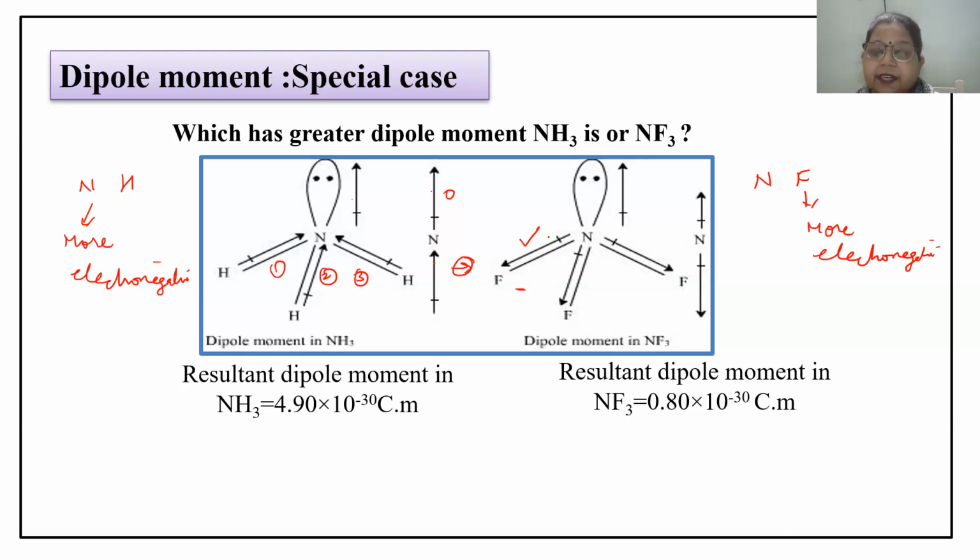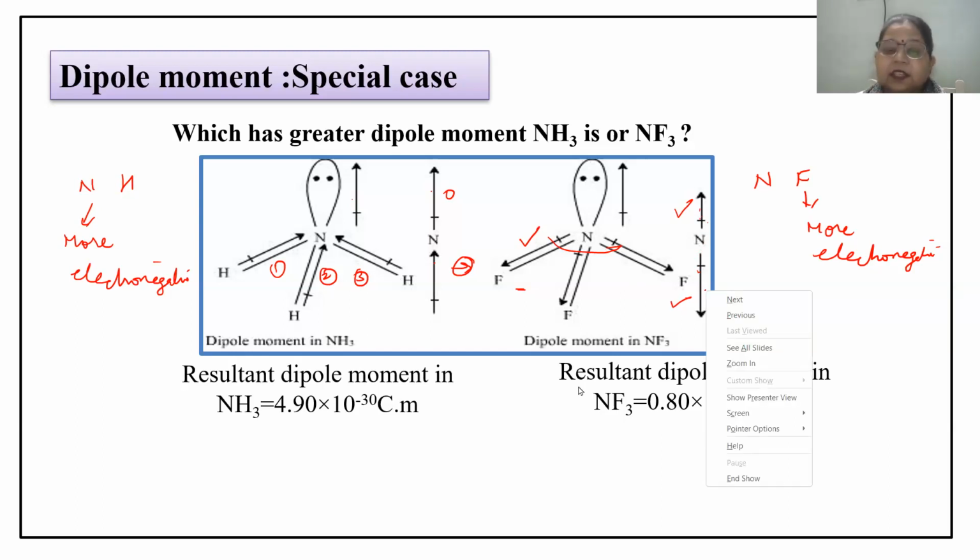And their resultant, as you know, will be in between them, in this direction. The dipole moment due to the lone pair of electrons will be in this direction. As you can see, they are going to cancel out each other to an extent, maybe 70% or 80%. So the overall value is going to be less. That means the dipole moment of ammonia will be more than that of NF3.